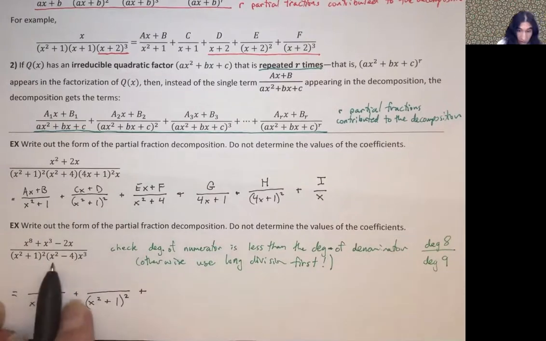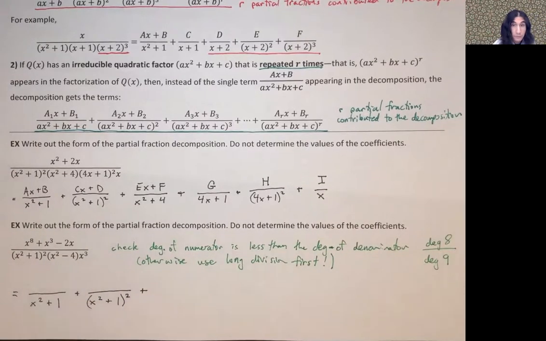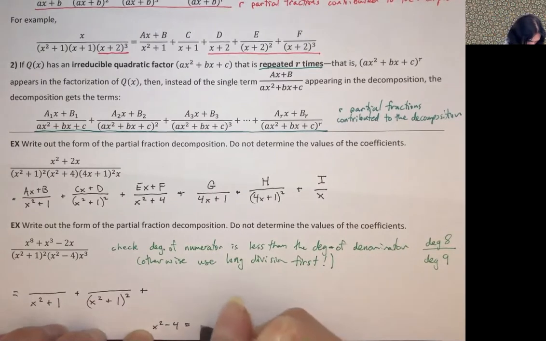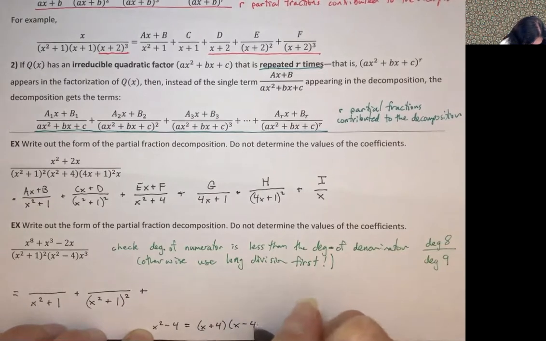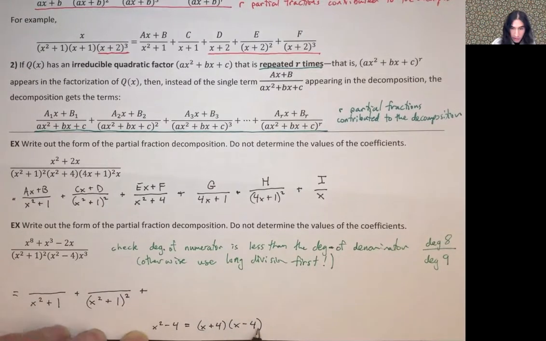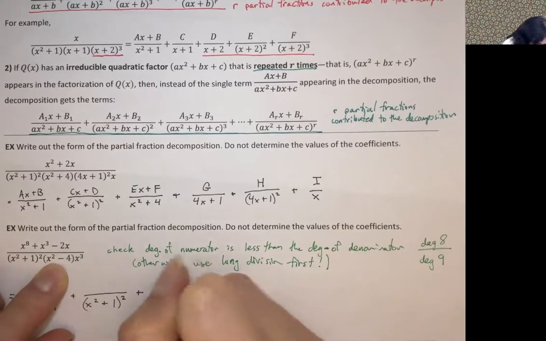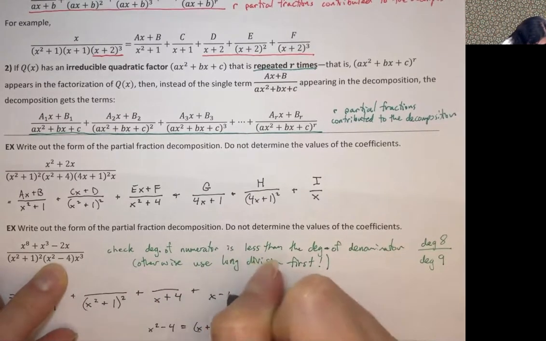However, is this irreducible? Let's do a little work down here. X squared minus 4 is a difference of squares. So remember, it should factor like this. Okay, so that's actually two linear factors contained in this guy. So we would have an x plus 4 and an x minus 4.